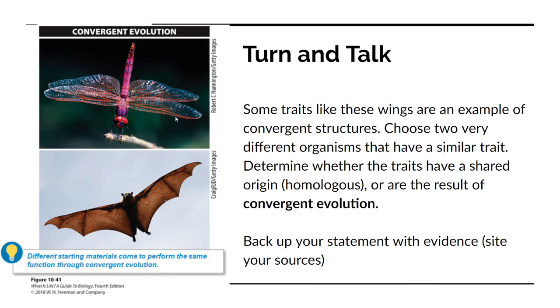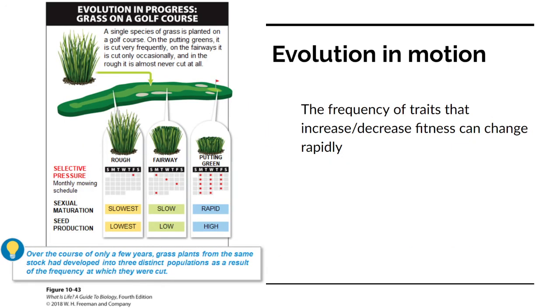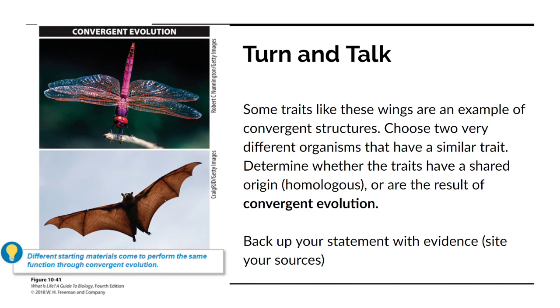So we have all these examples of traits that are examples of convergent evolution. Getting away from our ideas of evolution in motion, let's look at the history of evolution.